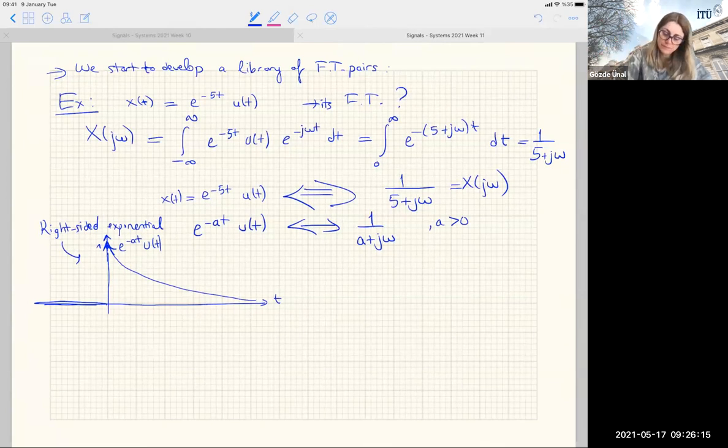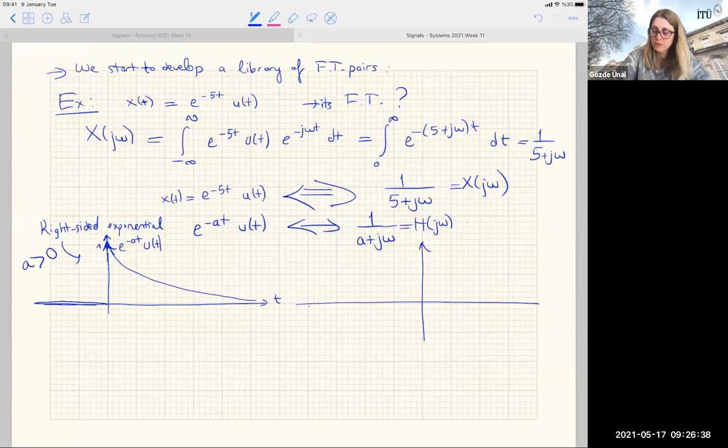Here, we can look at the H of j omega. Let me plot the magnitude response. Let's put a positive a here. This is H of j omega.